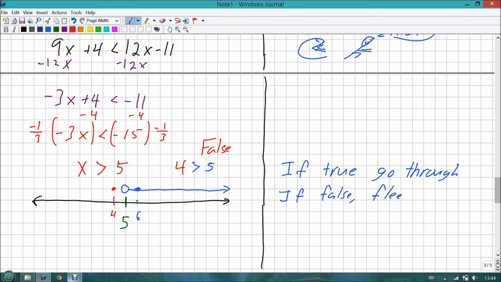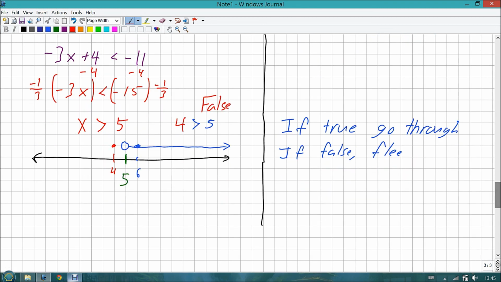If it's false, I flee from that point, meaning I go the, I hate to use this word, opposite direction of that particular dot. So instead of going to the right all the way to infinity, if it was true, it wasn't true, it was false, I would go the other direction. So instead of going left to infinity, I would instead go right to infinity. If true, go through. If false, flee.